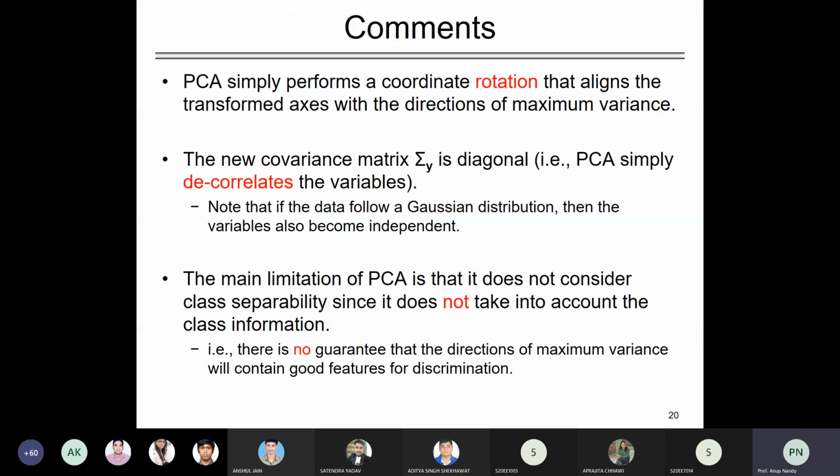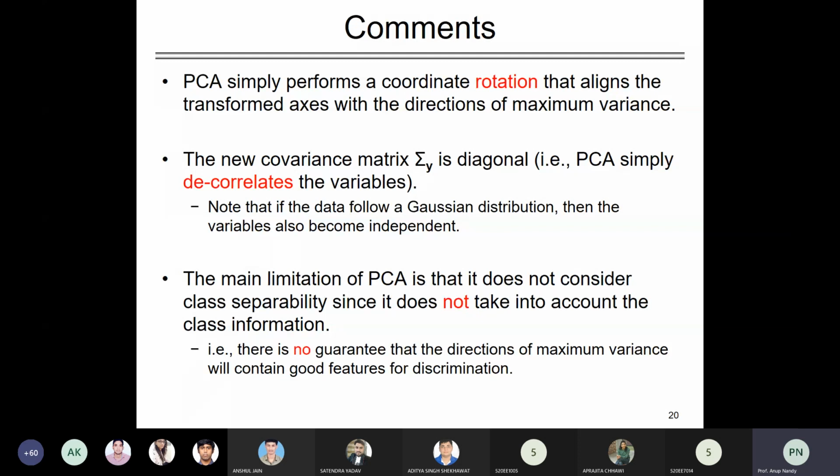Now the last thing is a comment that PCA simply performs a coordinate rotation. If you see it this way, PCA simply performs a coordinate rotation, that's it, which aligns the transformed axes with the direction of maximum variance. So we are just trying to find the axes.